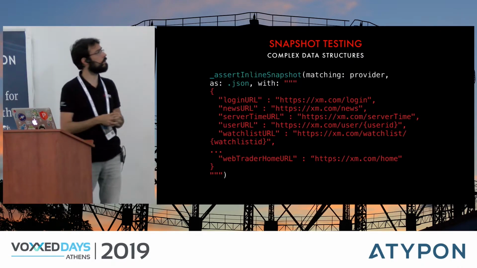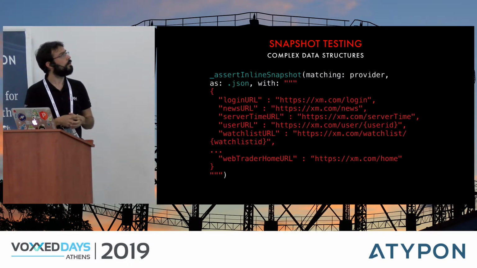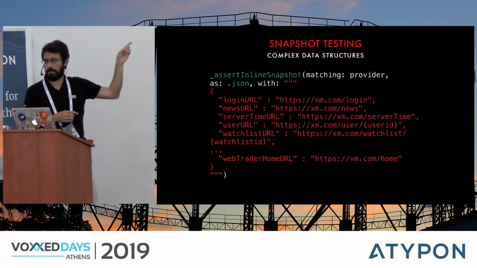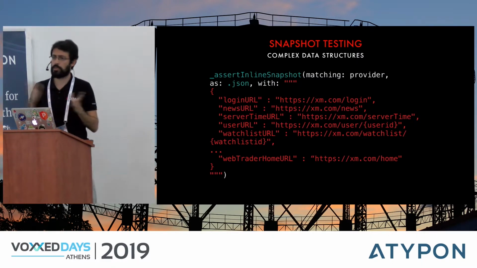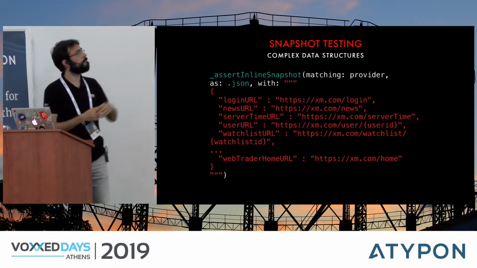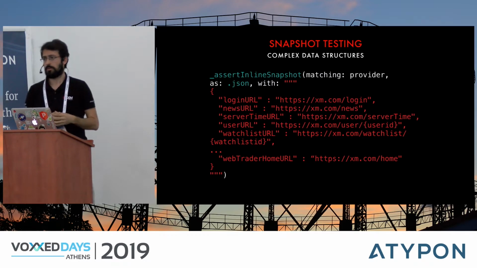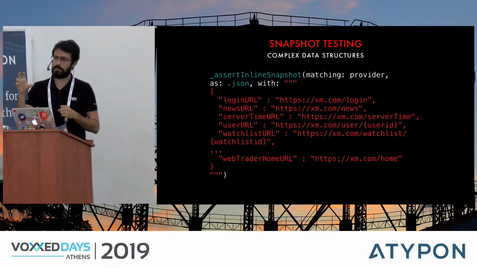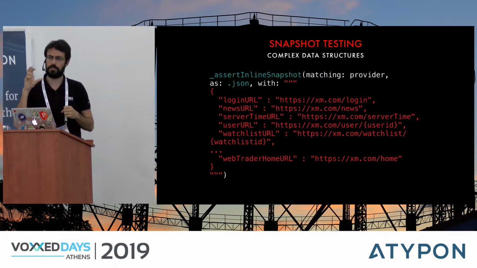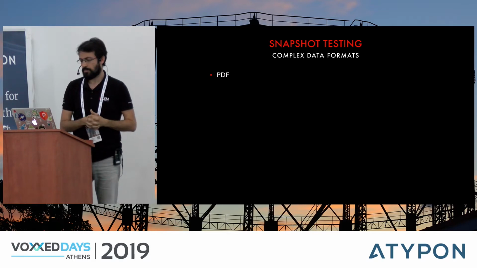And this is actually how a JSON snapshot would look. In this case, again, using one assertion is more than enough to check all properties. And in this specific example, using an inline snapshot does not save the artifact on the disk, but directly places the snapshot inside the test.